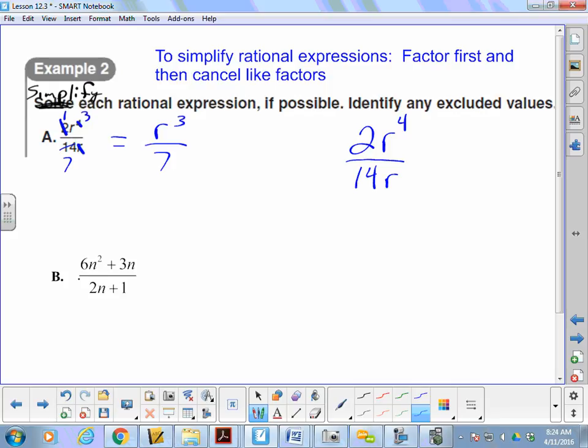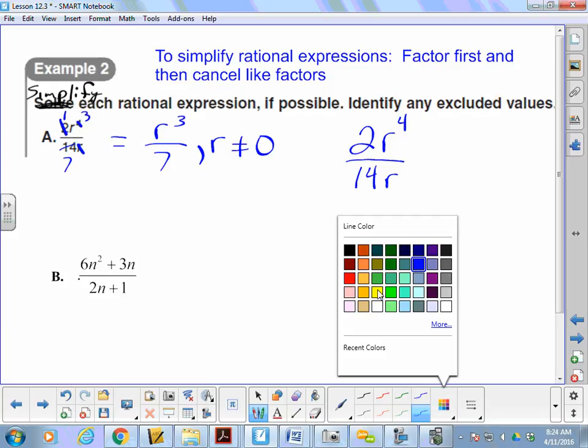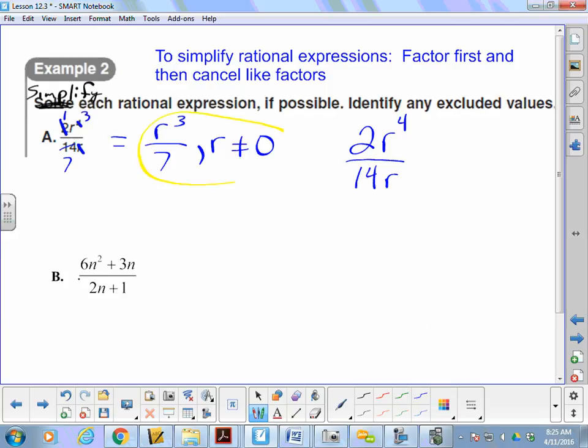What number can this r not be? 14 times what is 0? 0. So we're going to say that r cannot equal 0. That's our excluded value. So it simplifies to r cubed over 7, and r cannot be equal to 0, otherwise it's undefined.